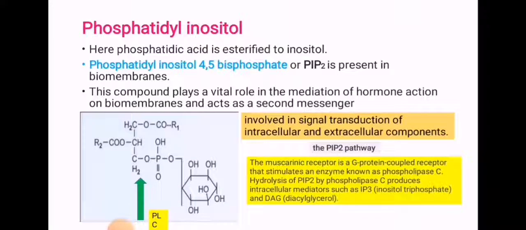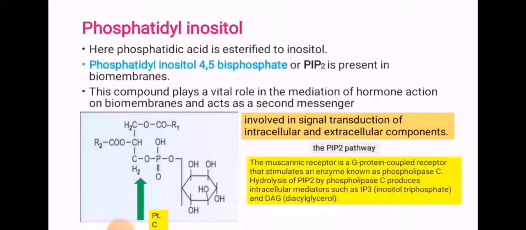Phosphatidylinositol: here the phosphatidic acid is esterified to inositol. Phosphatidylinositol 4,5-bisphosphate, otherwise called PIP2, is present in biomembranes. This compound plays a vital role in the mediation of hormone action on biomembranes and acts as a secondary messenger. It is involved in signal transduction of both intracellular and extracellular components.